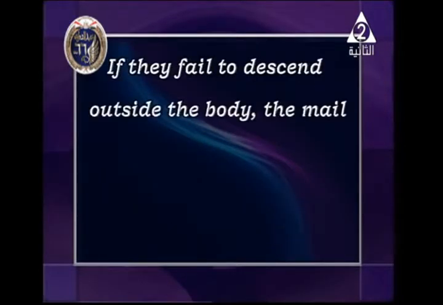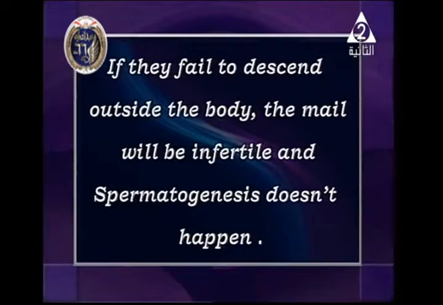After that, if they fail to descend, to fall outside the body, the male will be what? Infertile. Infertile means what? He doesn't have the ability to reproduce, okay? This is the meaning of infertile, and spermatogenesis, the formation and production of sperms, doesn't happen.